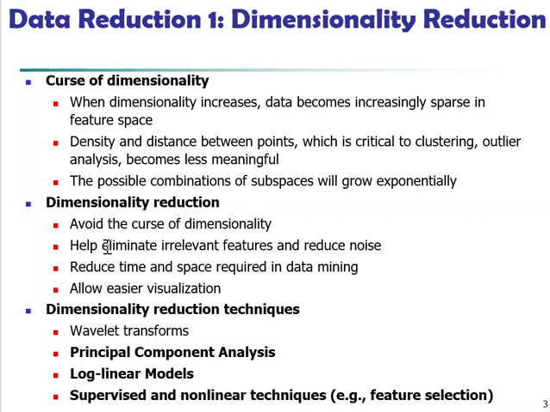Those are features that the computers have to process, but they don't add any useful information to help the system reach the true model. It can also reduce the time and memory space required in computation, and it also allows easy visualization.